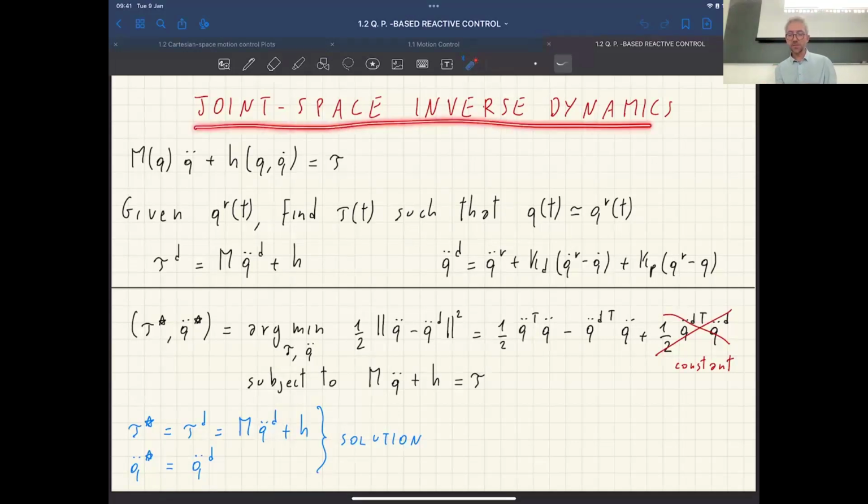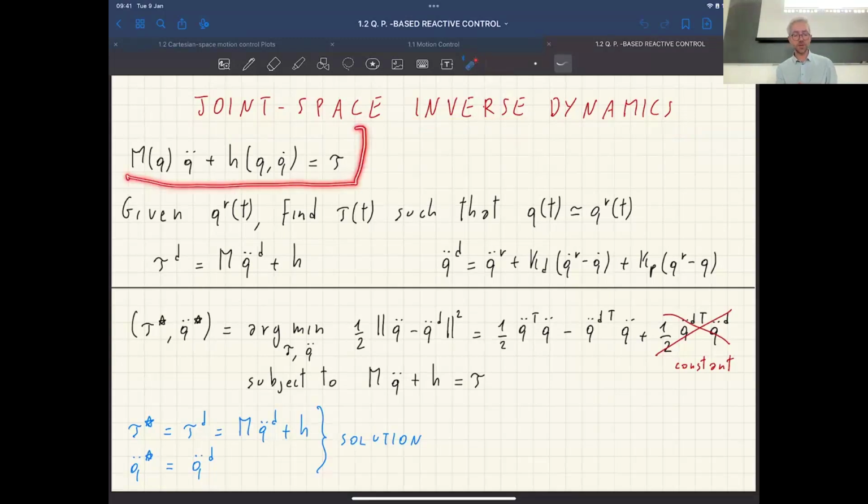And actually, we are starting from something that we have already seen, which is simple joint space inverse dynamics. So this is one of the controllers that we have seen for controlling the robot in joint space. We know that this is the dynamics of the robot in joint space, M q double dot plus h equal tau, nothing new there. And I'm just refreshing your memory.